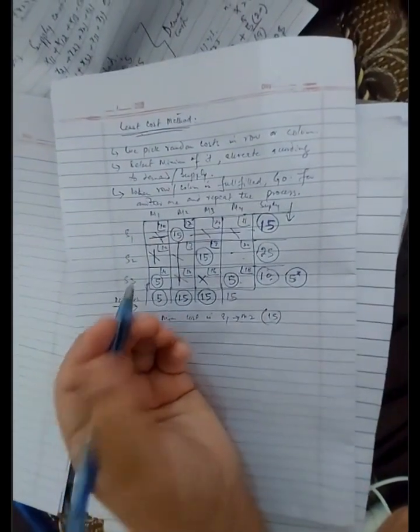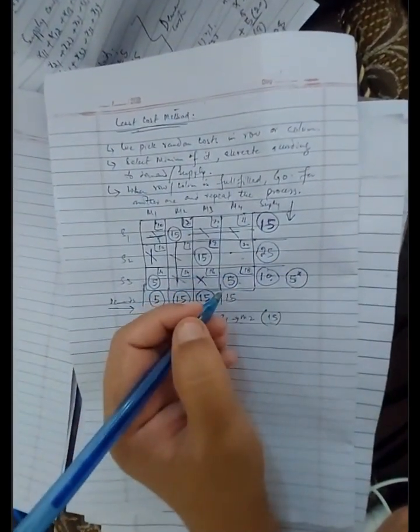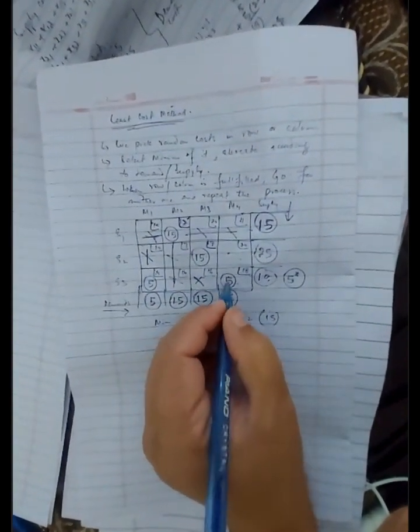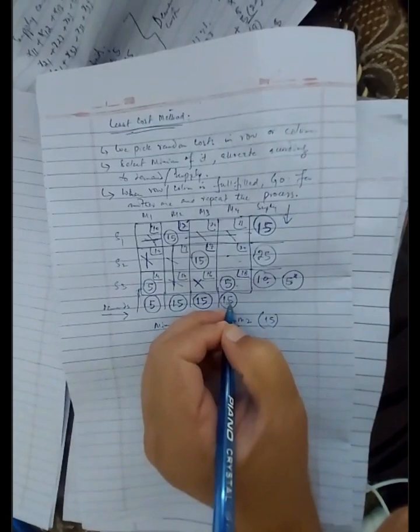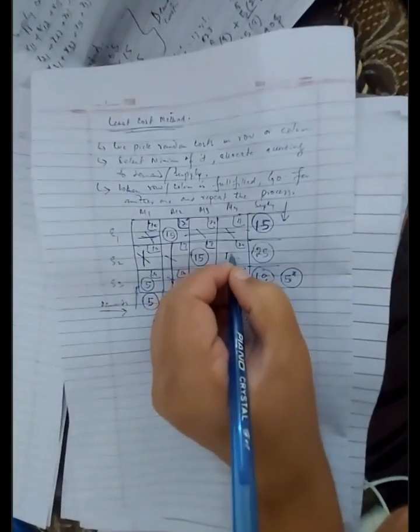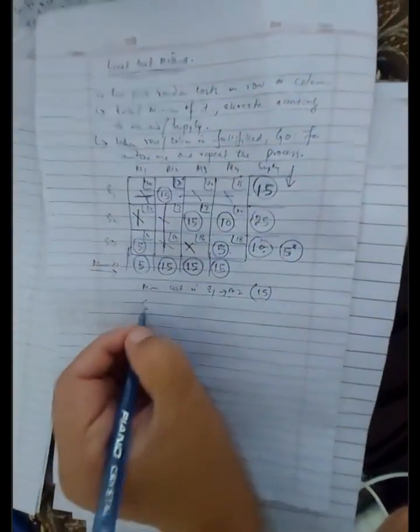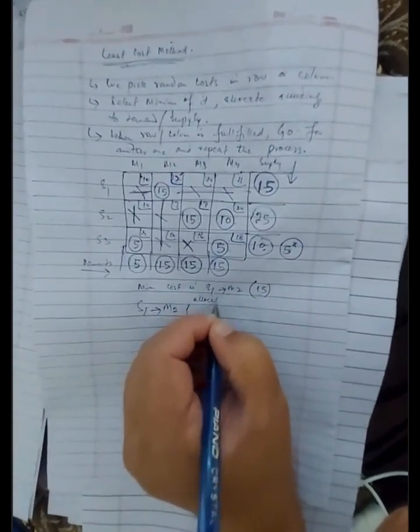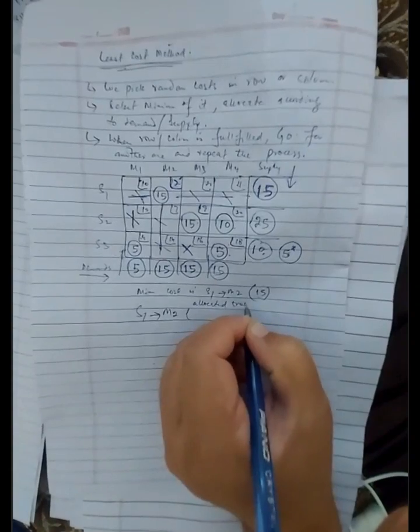So the rest, 10, is left, because here the demand is 15 and 5 is already met. So we have 10 demand left over here. So that 10 will be done over here.